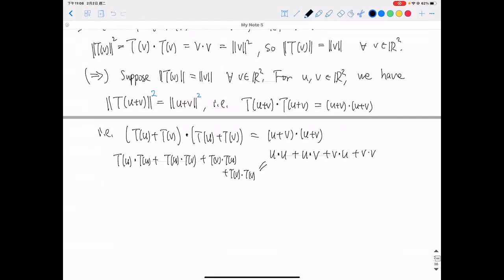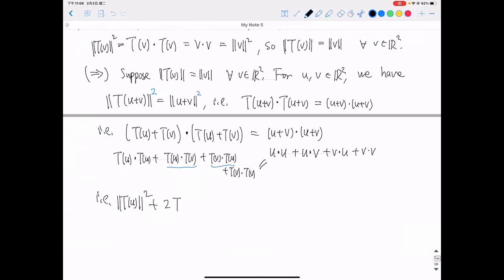Now we can rewrite this as follows. T of U dot T of U is the square of the length of TU, and T of U dot T of V is the same as T of V dot T of U, so there are just two copies of T of U dot T of V. Similarly, T of V dot T of V is the square of the length of T of V. Now for the right hand side, U dot U is the square of the length of U. U dot V and V dot U are equal.